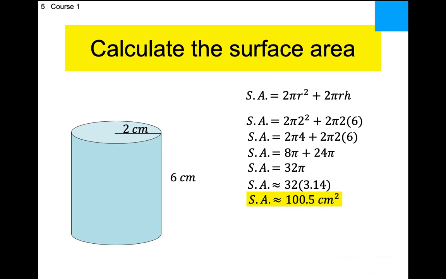In terms of what we need to worry about, either one's fine, 3.14 or the pi key. I think there isn't much of a difference for this one.